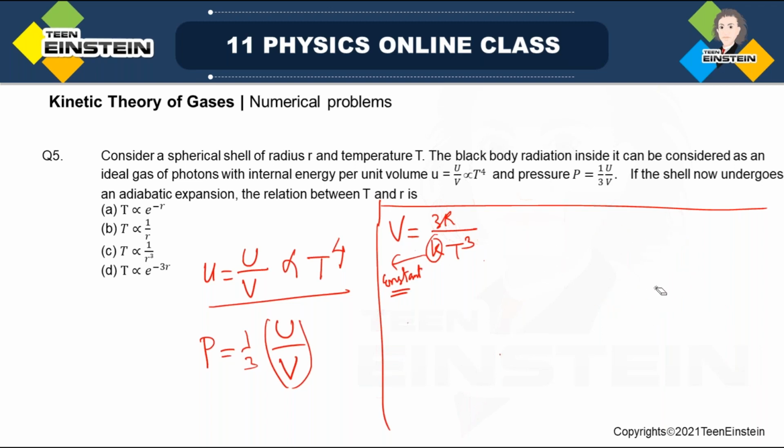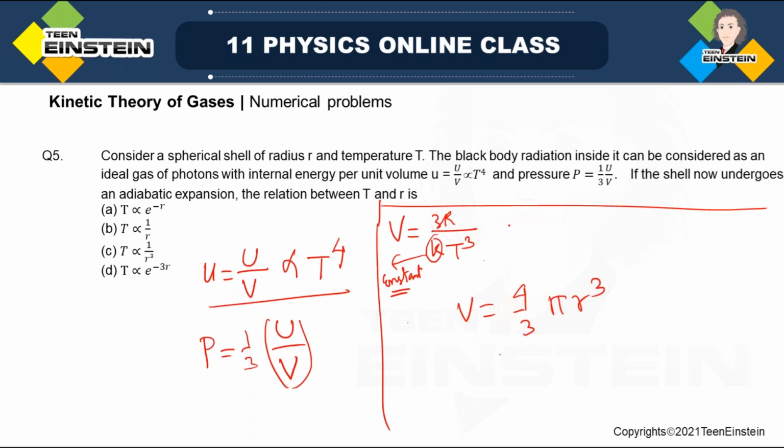We know for a sphere, V is 4 by 3 pi r cube, right?